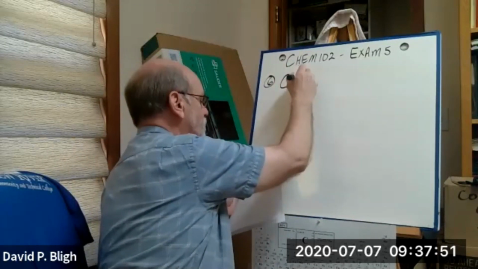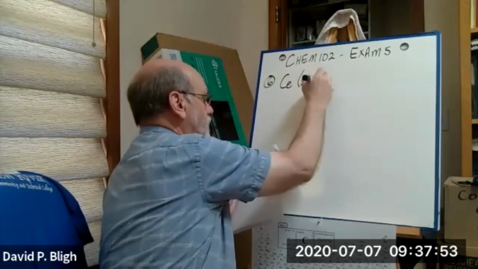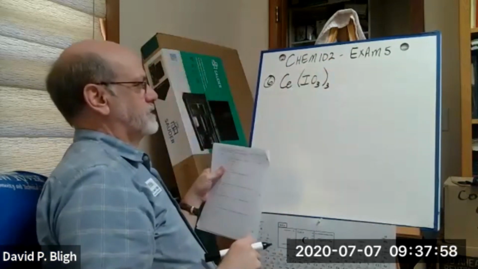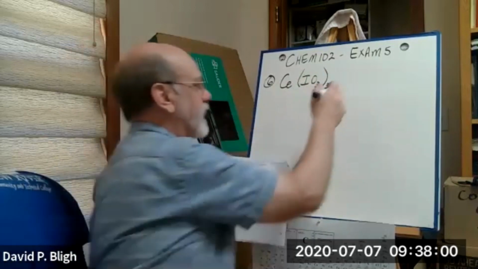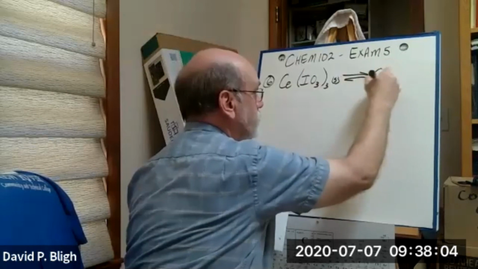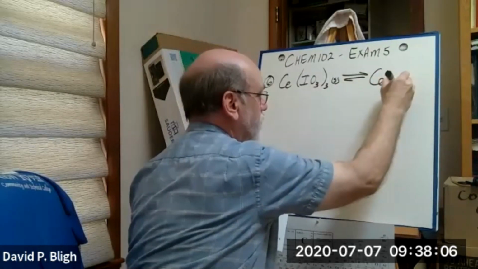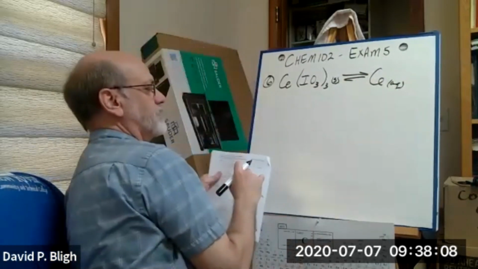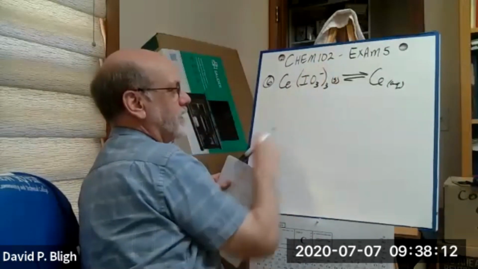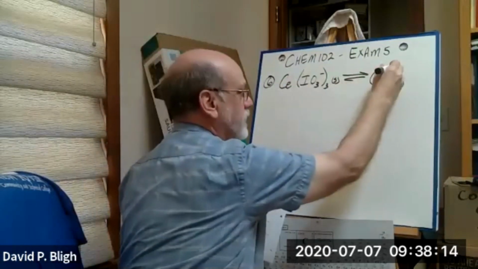Cesium iodate, the iodate polyatomic ion, solid, and then it yields cesium. What's the charge? Well, you have to know that iodate is a -1. So that means this has to be 3+.